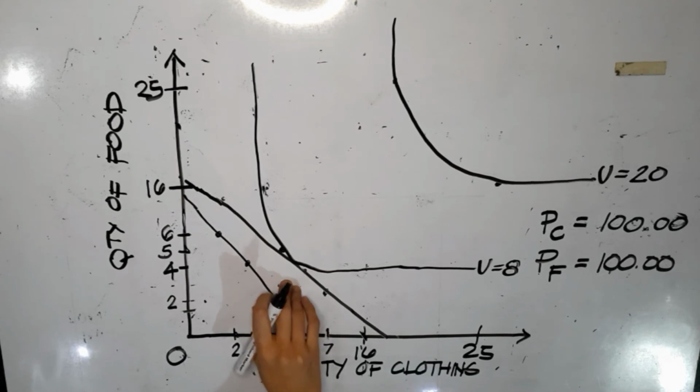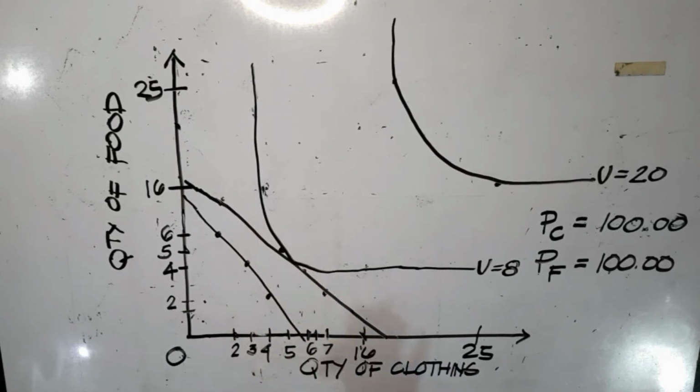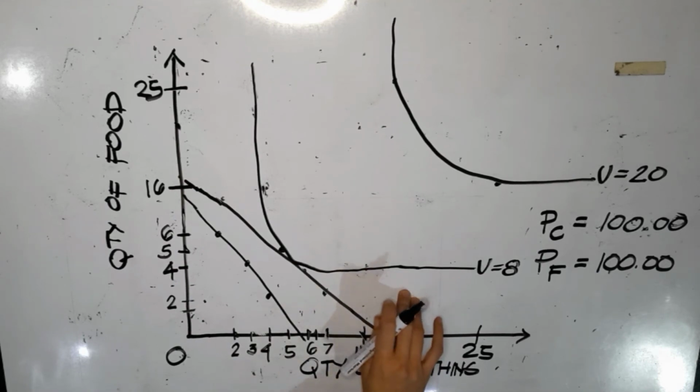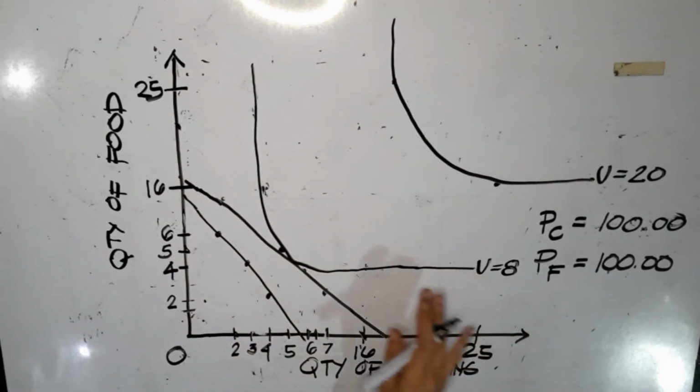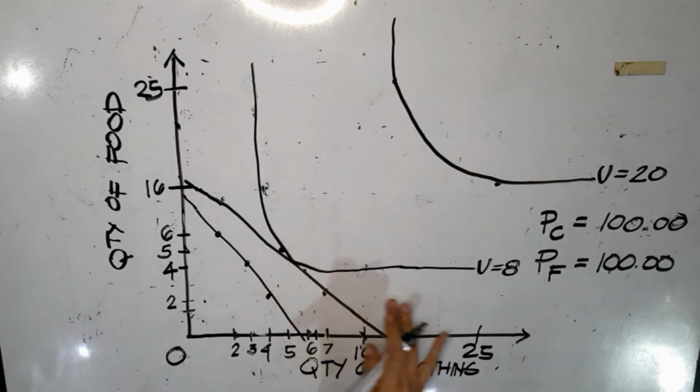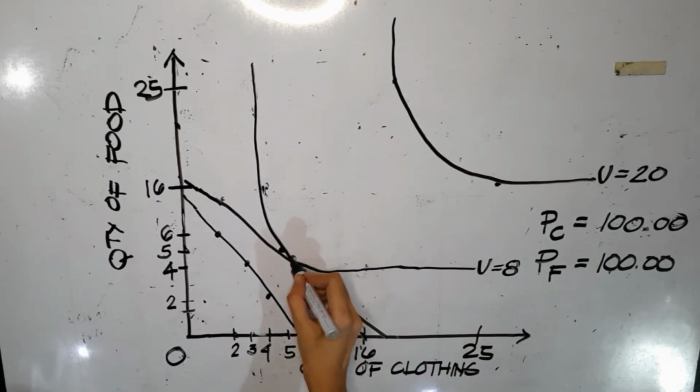So, what should we do? How should we choose? The individual's best choice is choosing a point where the budget constraint is tangent to the curve. You would want at least a utility of 8. So the tangent would be here, right?